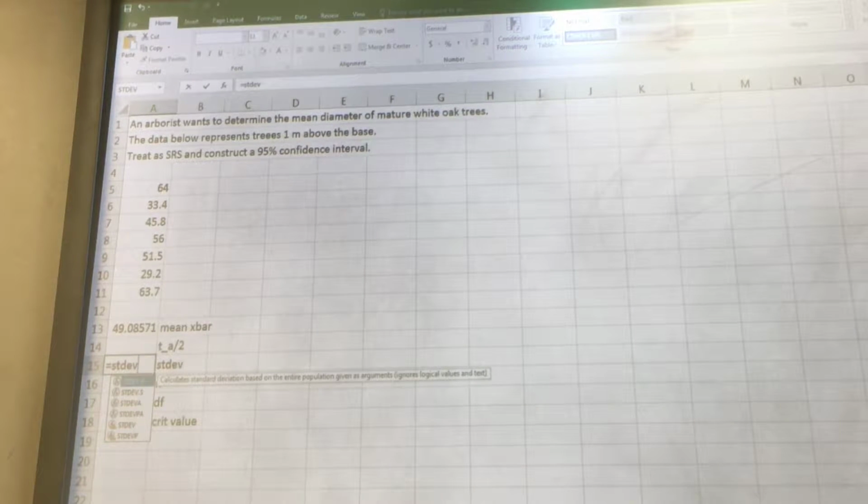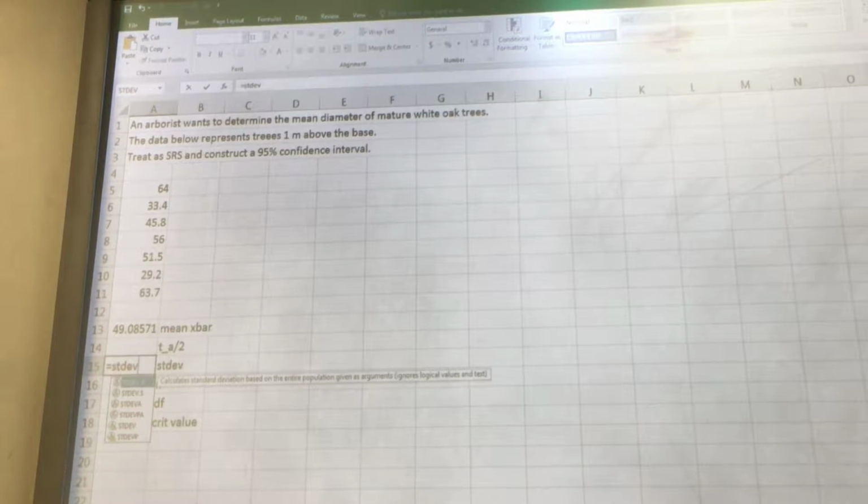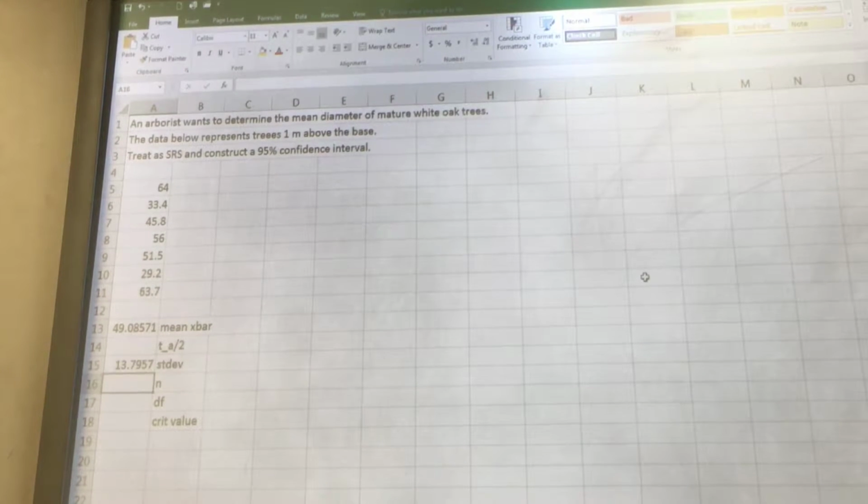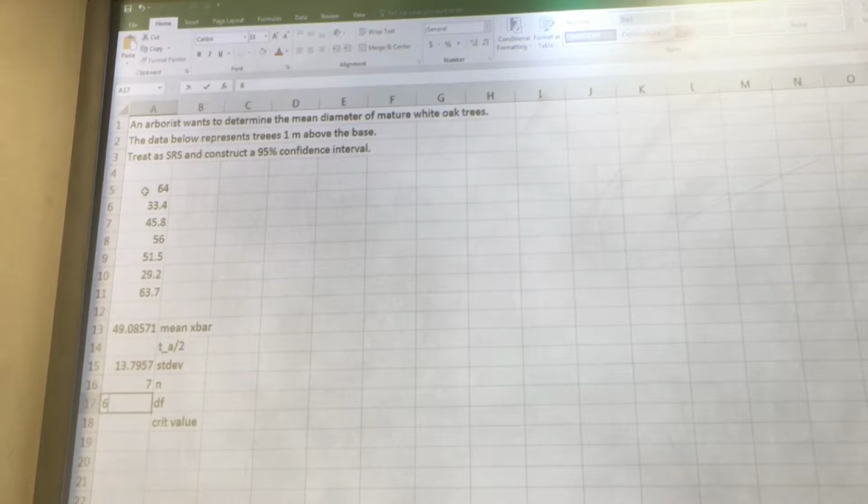The one I'm on is wrong. That one with S. STD, this is the one I prefer, but the dot S is also okay. Okay, because it's a sample, right? What's my N? 7, so my degrees of freedom is 6.